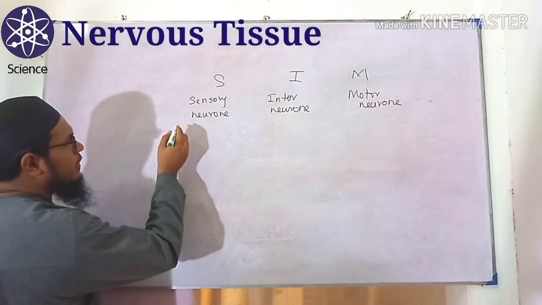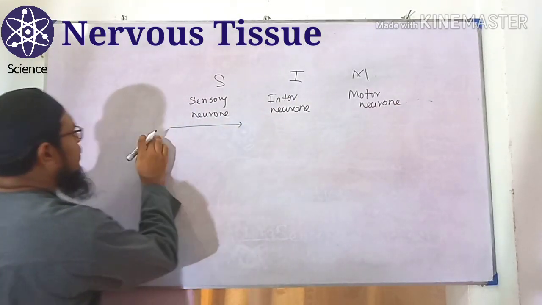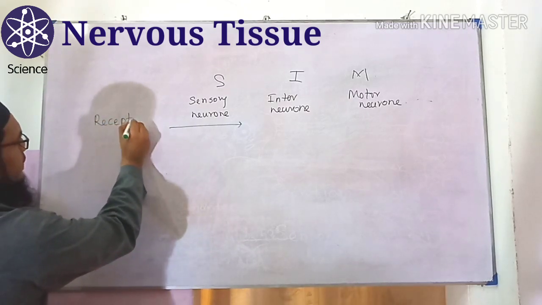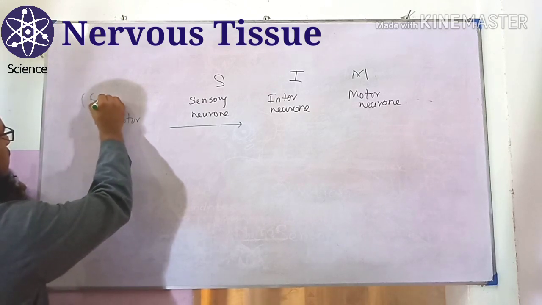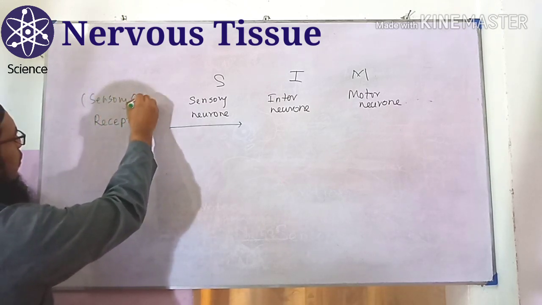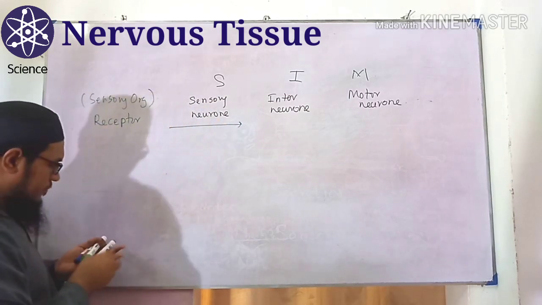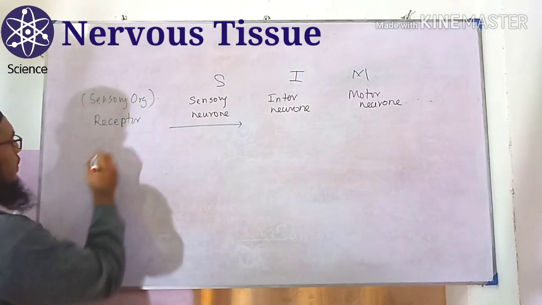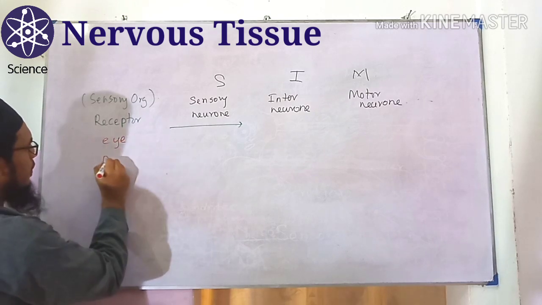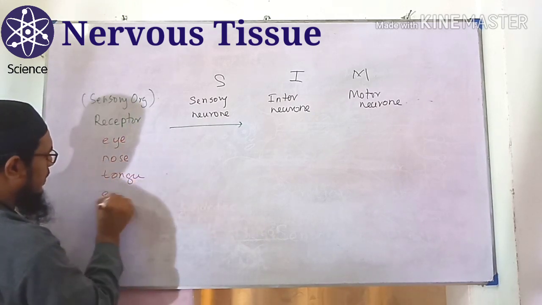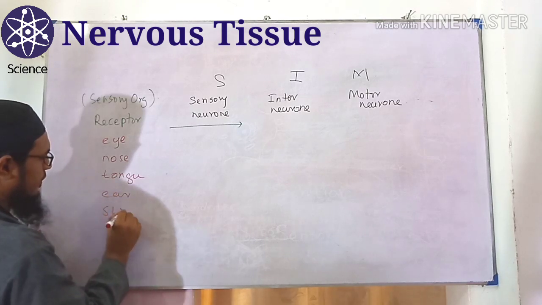Sensory neuron transmits impulses from sensory organs. Those are called the receptors or the sensory organs. Examples for sensory organs are the eye, nose, tongue, ear and the skin.